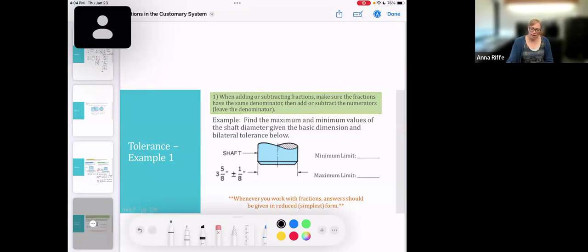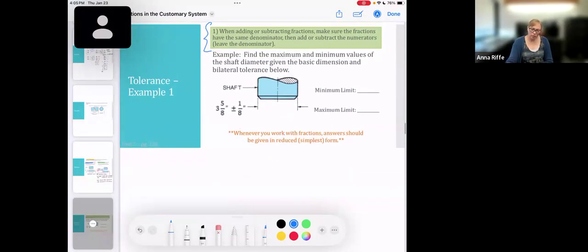As a rule of thumb, when we are adding or subtracting fractions, we want to work with fractions with the same denominator. So we first make sure the fractions have the same denominator, and then we add or subtract the numerators and leave the denominator as that common denominator.